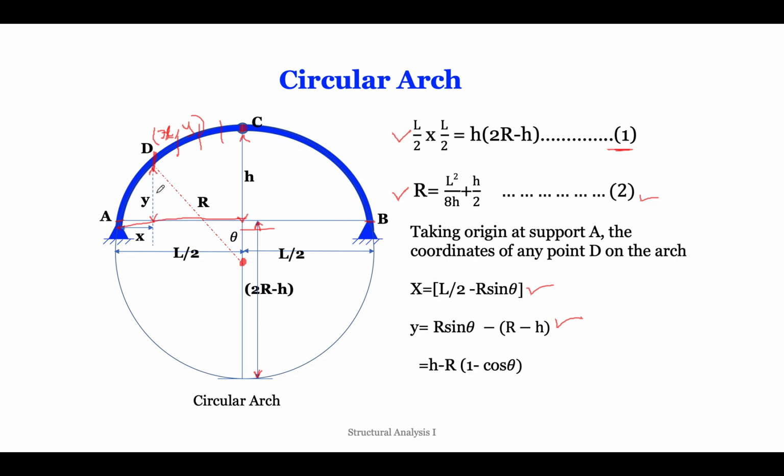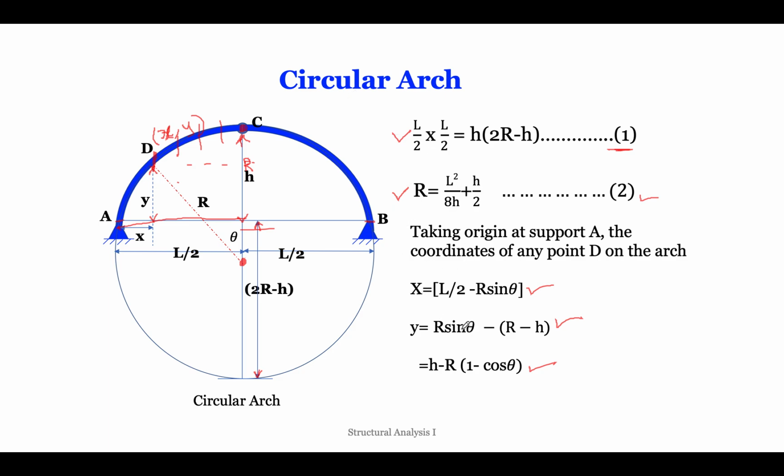If you just consider a straight line here, this particular distance is also r, we know. So if we draw a straight line here and substitute r minus h, finally we get y equals h minus r into 1 minus cos theta.